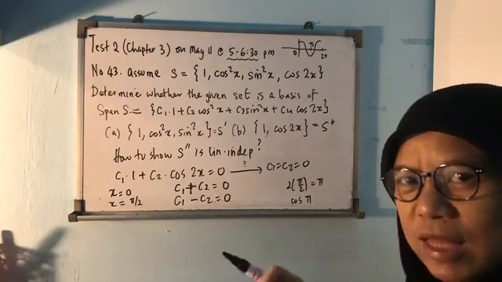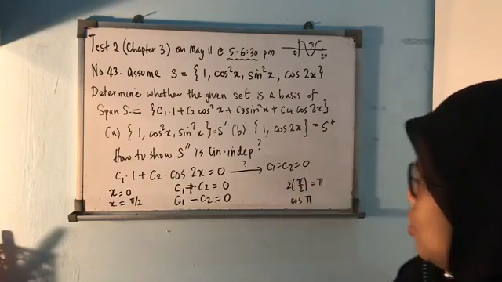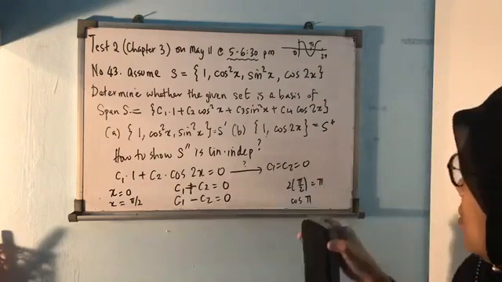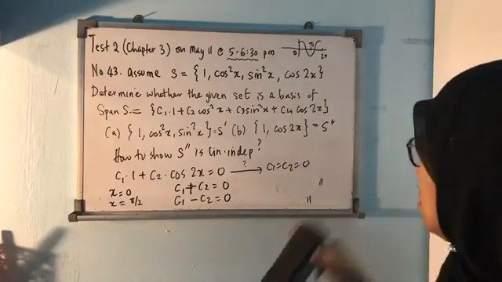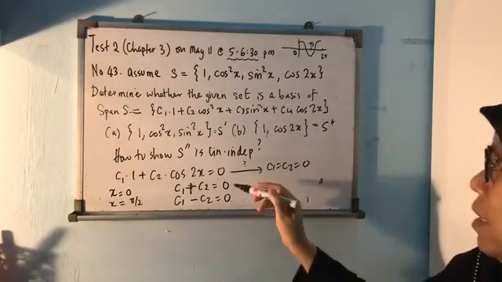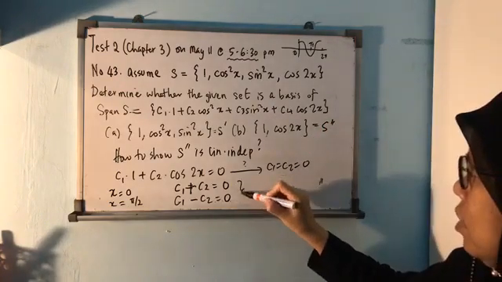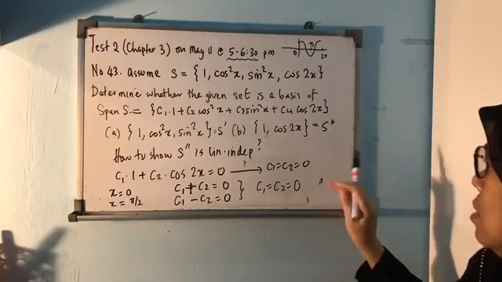You all just use a calculator, right? Okay, so solve this. No need to use row reduce, it's so easy, right? So C1 and C2 are 0.